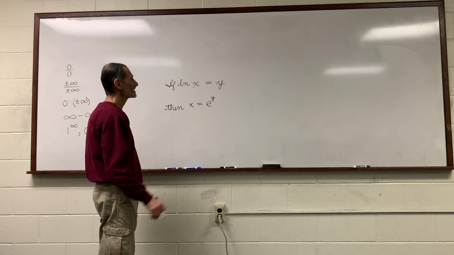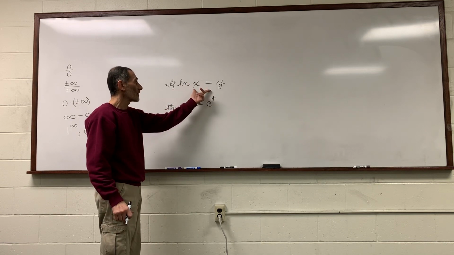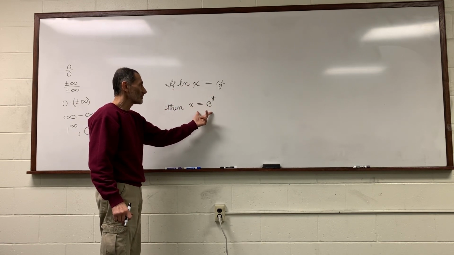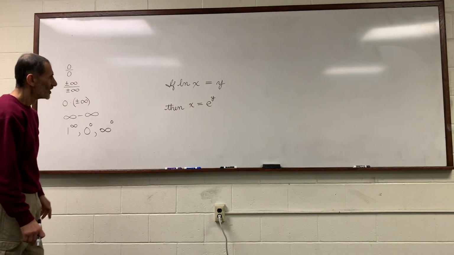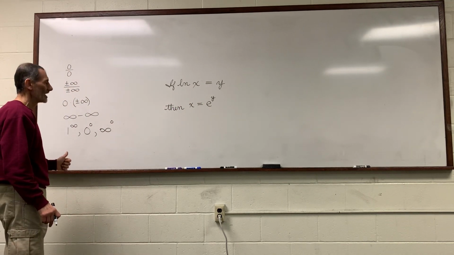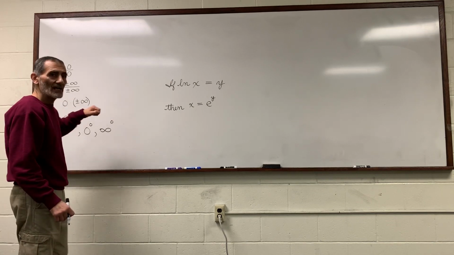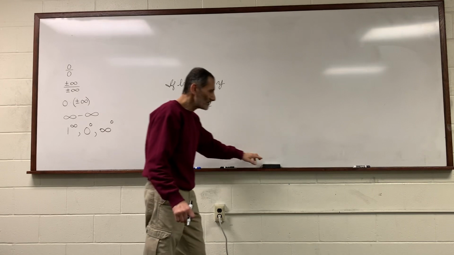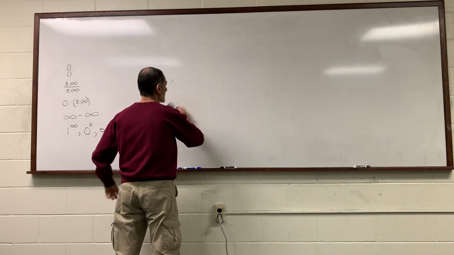If the log of x equals y, then x is e to the y, rewriting the logarithmic equation as an exponential equation. So we're going to be able to find the log of our original expression, and then the limit will actually be e raised to that, the limit of the original expression.